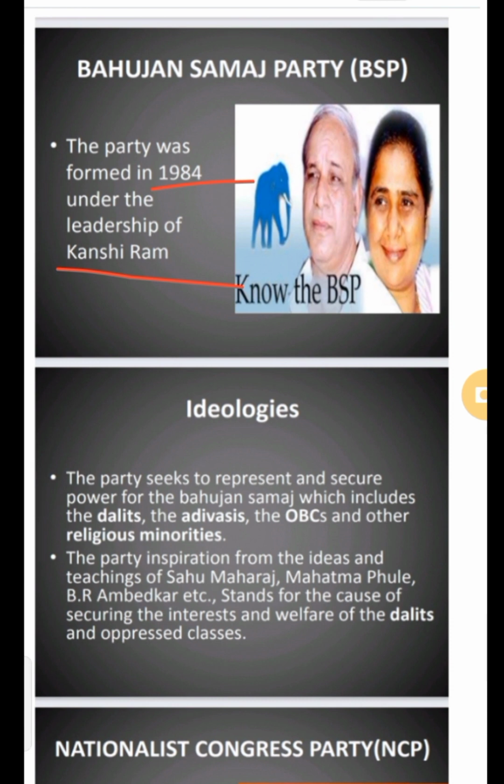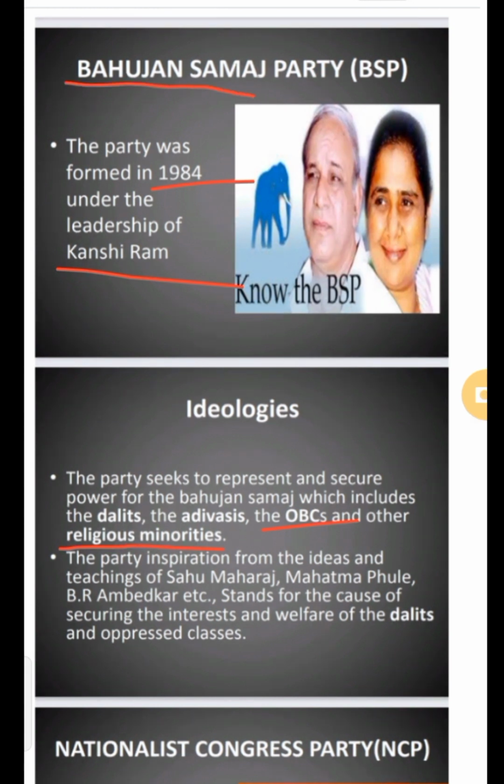So now ideologies of BSP. The party seeks to represent and secure the powers for the Bahujan Samaj. What is Bahujan Samaj? Which comprises dalits, adivasis, OBCs and religious minorities. So this party wants to secure the interest of these sections of the society, that is Bahujan Samaj.